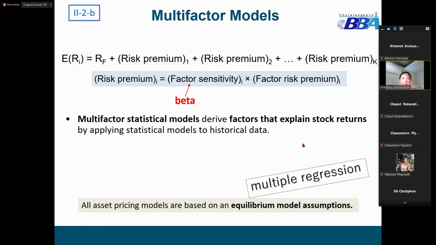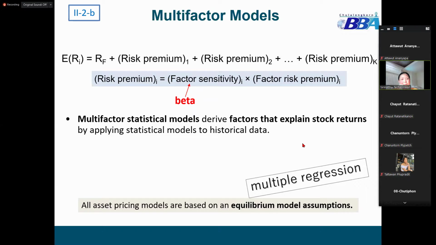CAPM is based on the belief that the factor that determines the return of a company is the market risk, right? The factor that explains stock return is this market risk. It is just the one factor that explains the return or the risk of a company.